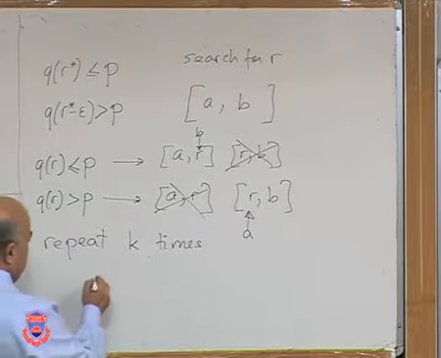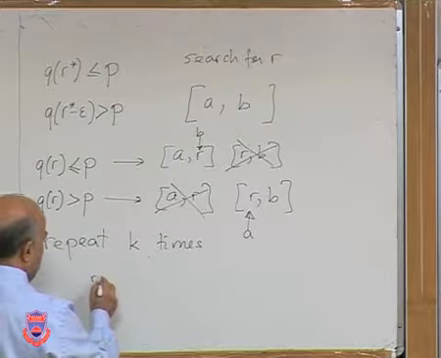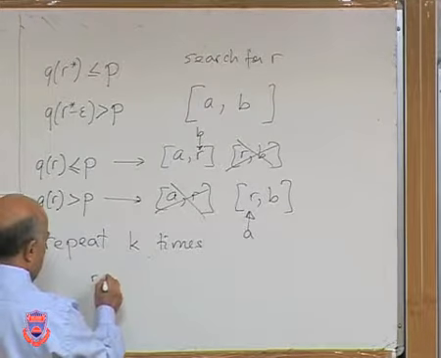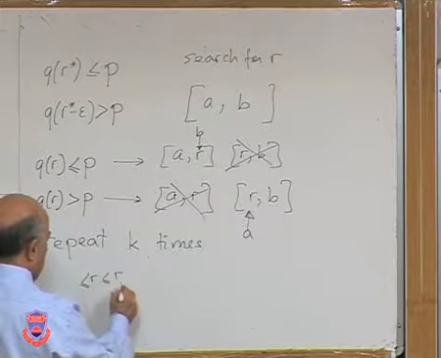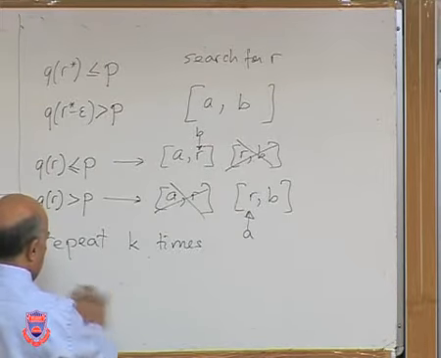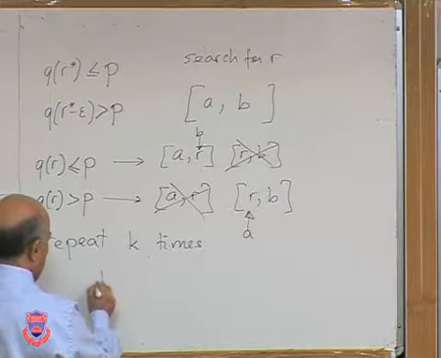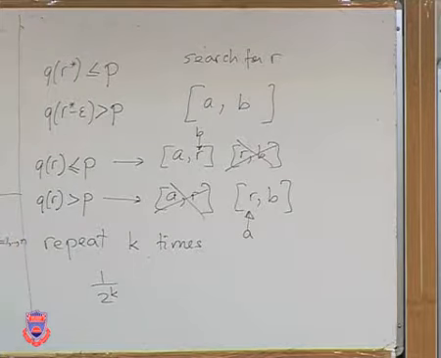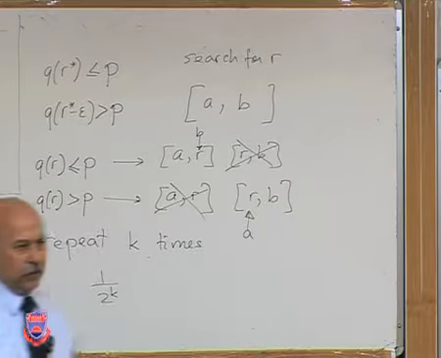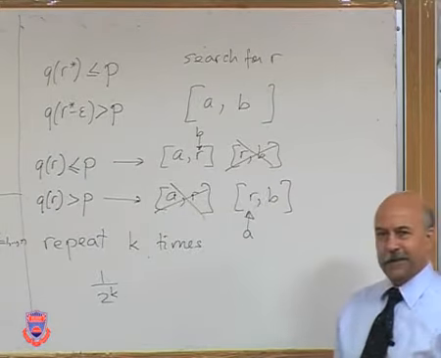So your final solution would be within 1 over 2 to the k units of the optimal or the actual value you're looking for. Okay? Does that make sense? Okay.